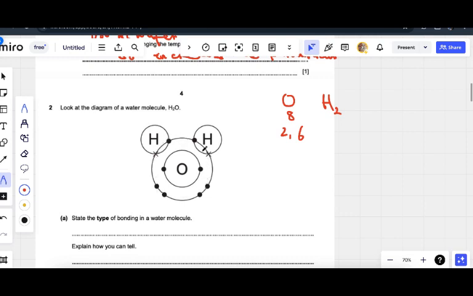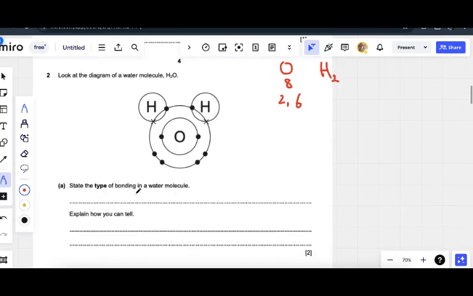Because oxygen combined with hydrogen, it is now also complete with 8. Counting for oxygen: 1, 2, they are sharing, 1, 2, 3, 4, 5, 6, 7, 8. So the second shell of oxygen is complete with 8 because it's sharing with 2 atoms of hydrogen, and each hydrogen's first shell is complete with 2.